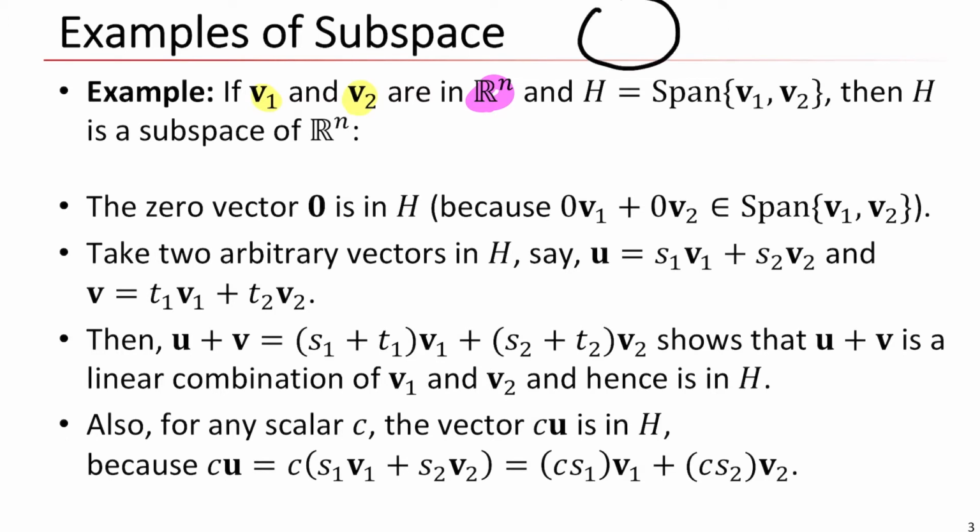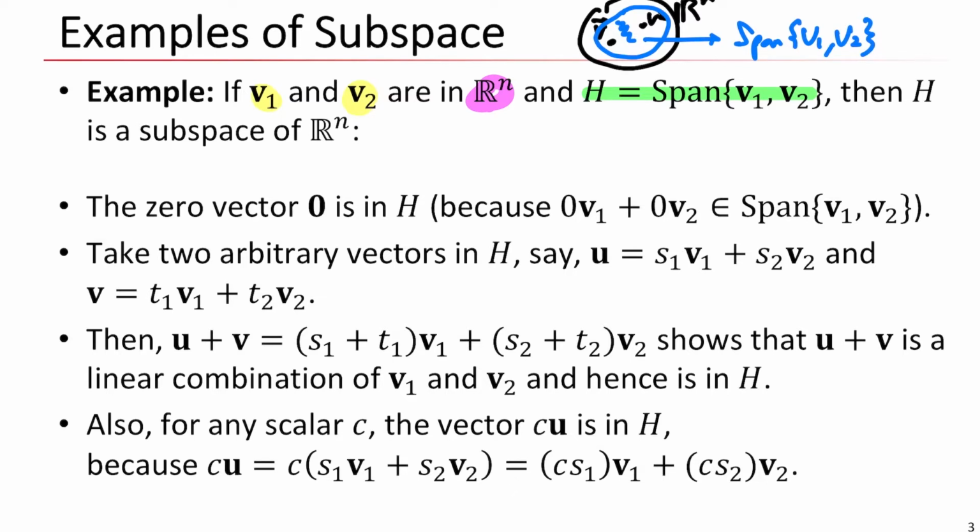Think like that: Rn space is here, and there are two vectors, v1 and v2, right? Then H is the span of v1 and v2.